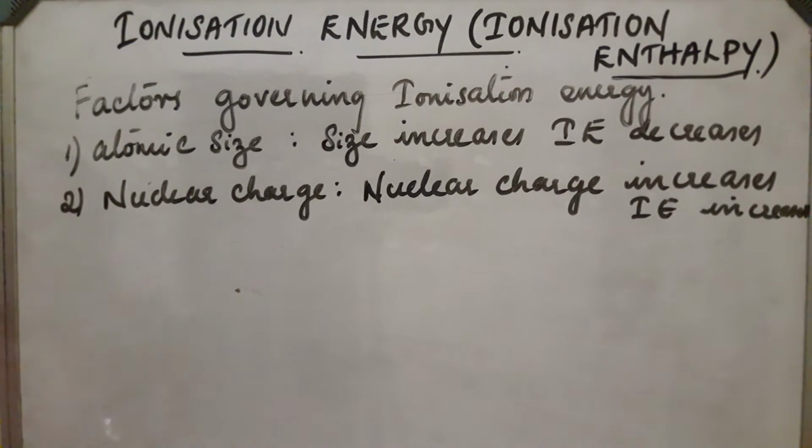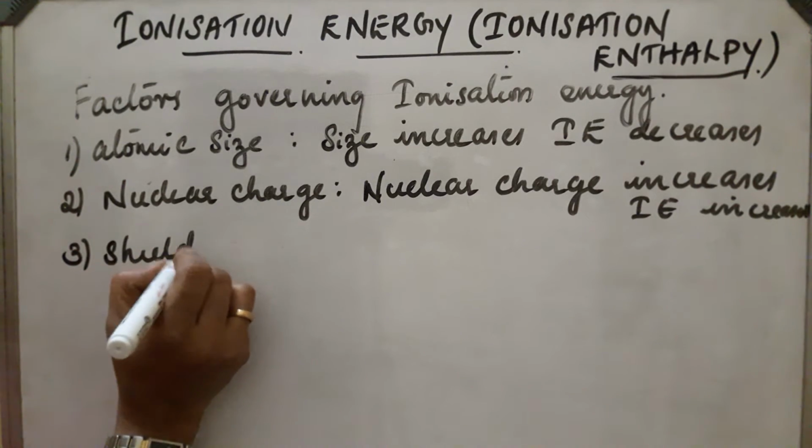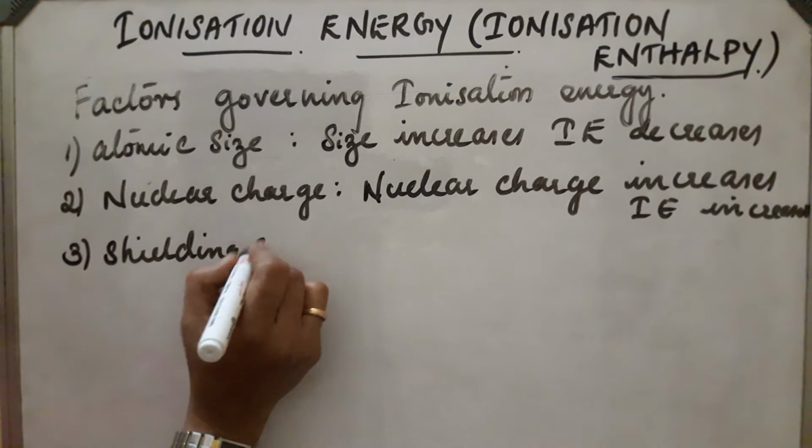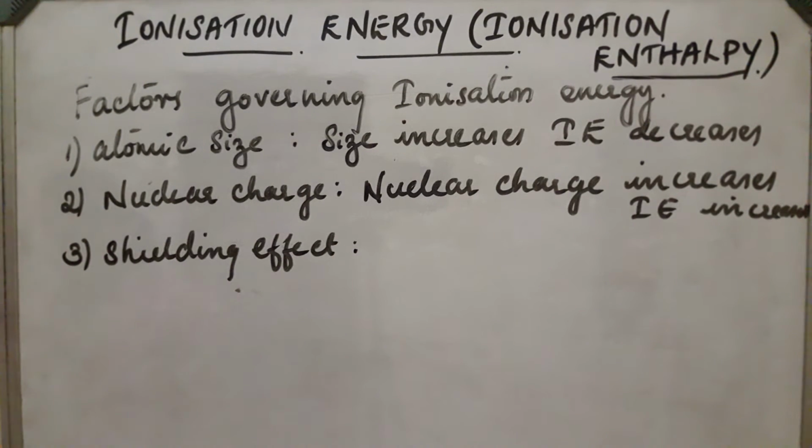Next, shielding effect or screening effect. In multi-electron atoms, due to the shielding of inner electrons, the net effective nuclear charge decreases. As the nuclear charge decreases, ionization energy decreases.